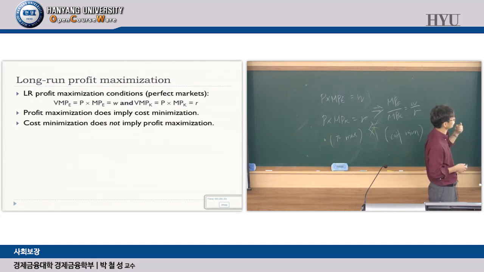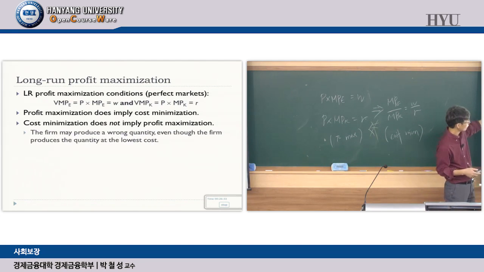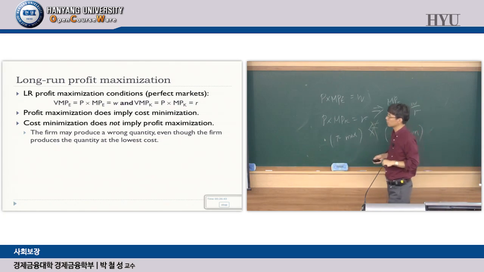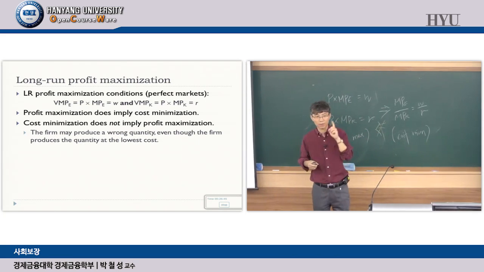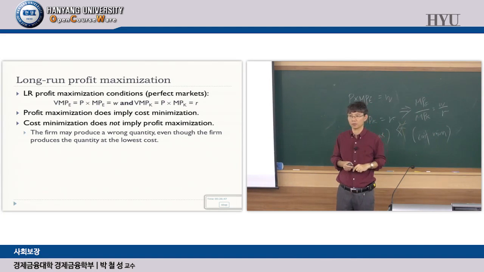If you produce too much or too little, your profit will suffer. Okay? So the firm may produce a wrong quantity even though the firm produces that quantity at the lowest cost.